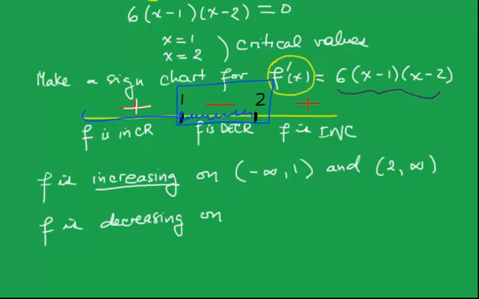So it's decreasing on (1, 2). The intervals have to be open, so you have parentheses everywhere: parentheses here, parentheses there, same on top. So that's how you use the first derivative to determine if a function is increasing or decreasing.